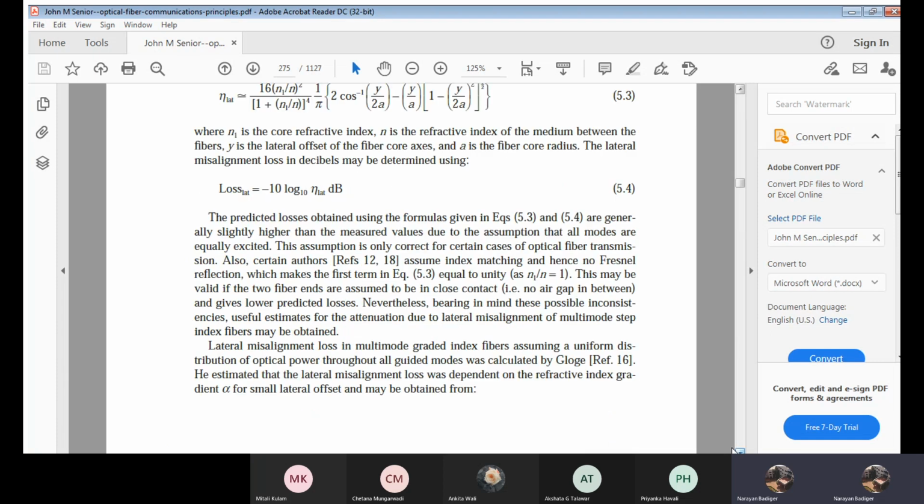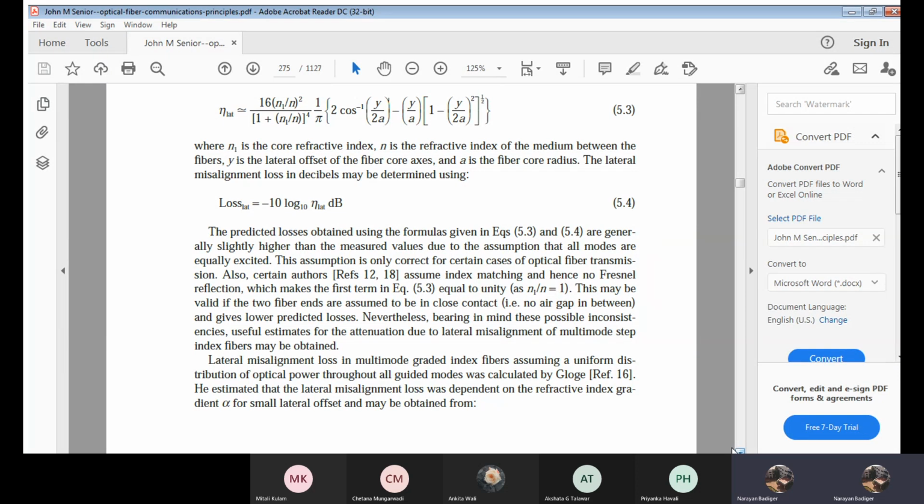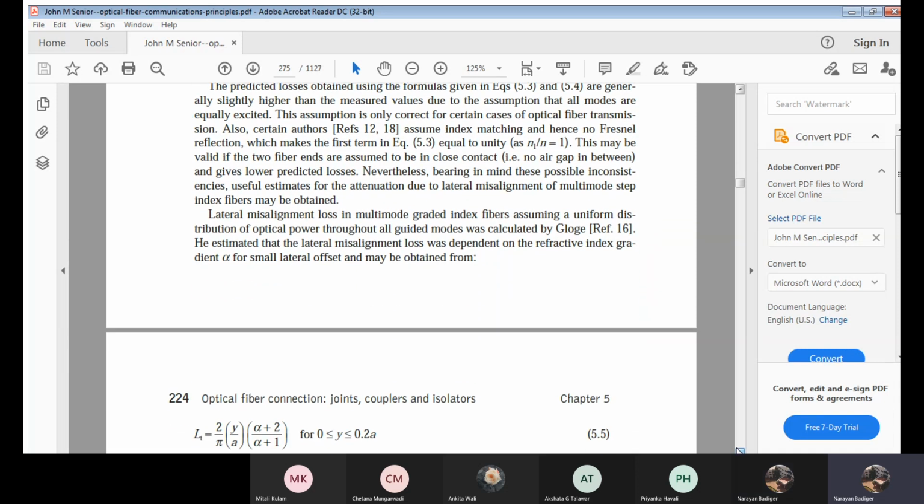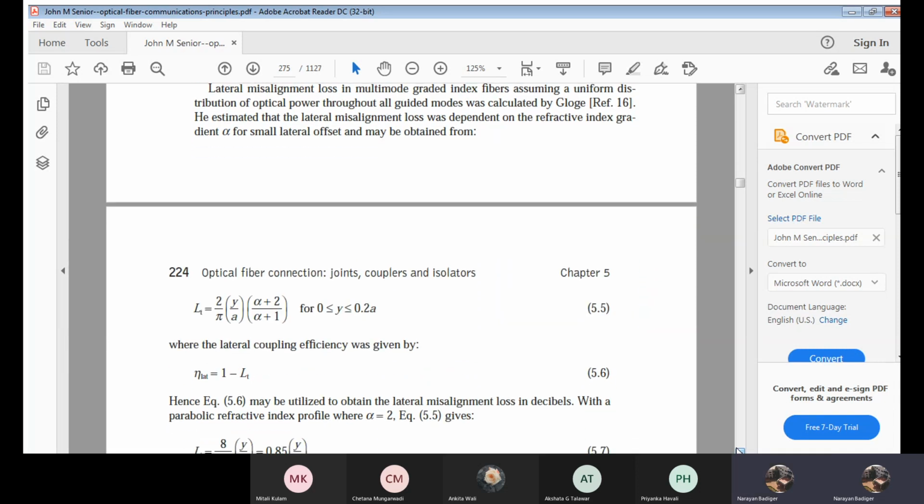LT is nothing but the lateral misalignment loss with respect to graded index fiber, considering a small lateral offset. Now what is that equation? It is a simple equation. We have a lot of equations here, and we need to remember all of those.